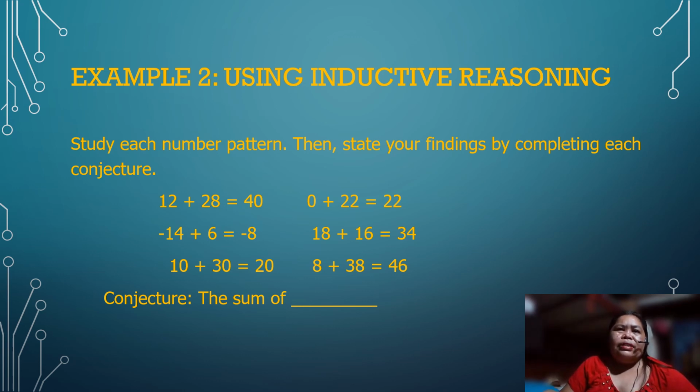So all the addends here are even numbers, and their sum is also an even number.